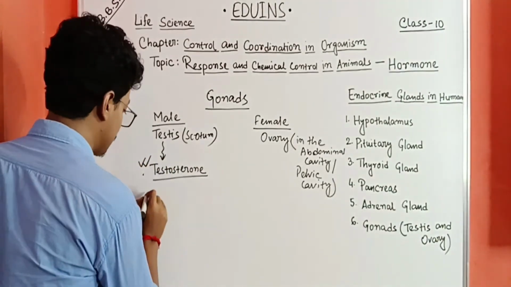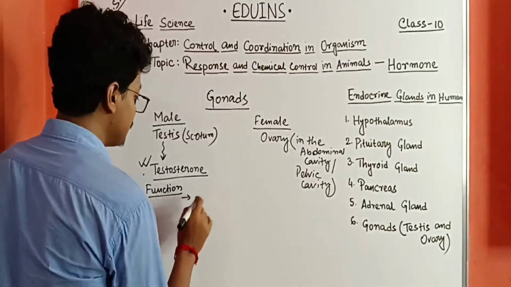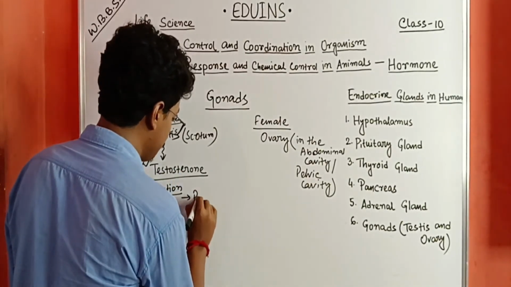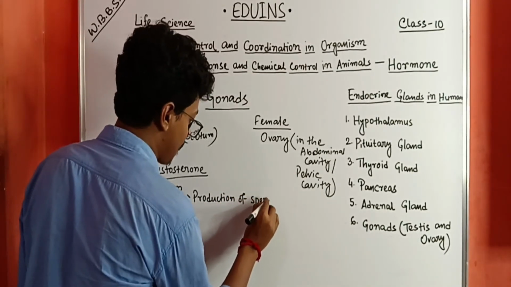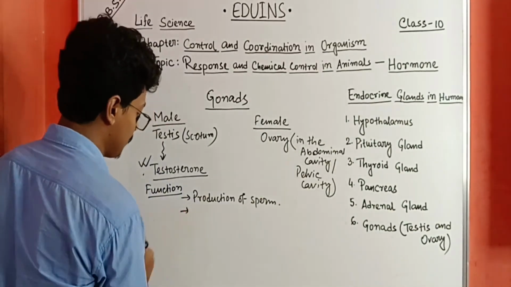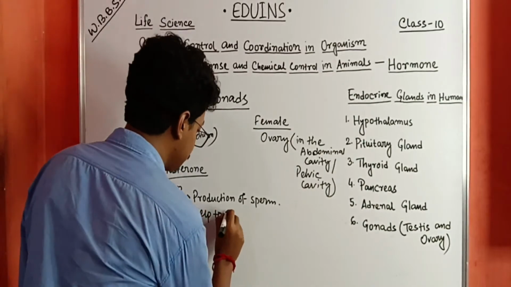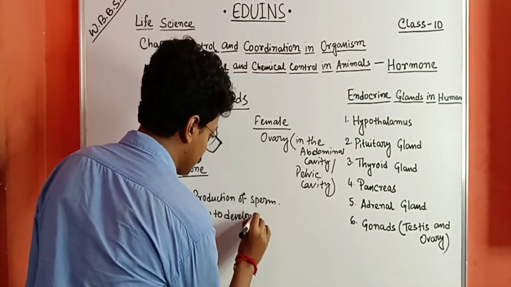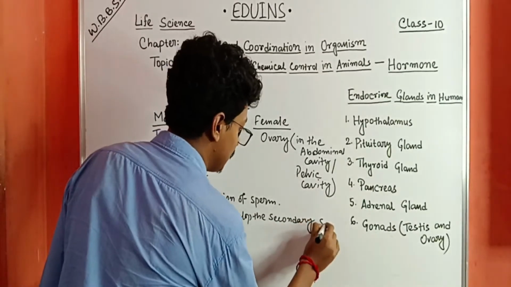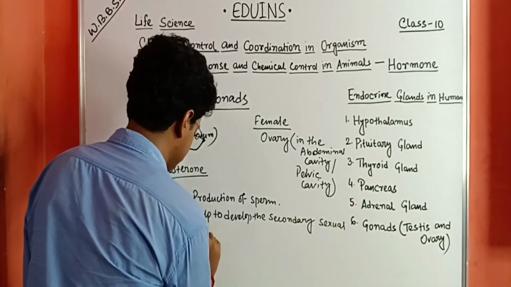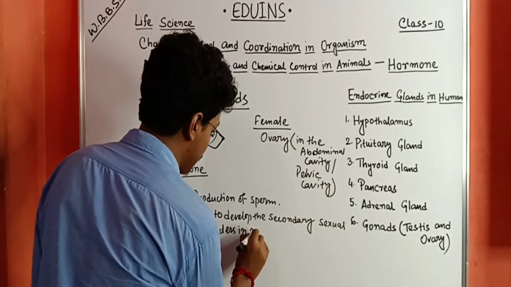So what is the function of testosterone? First, it helps the production of sperm. Number two, it helps develop the secondary sexual characters in male.